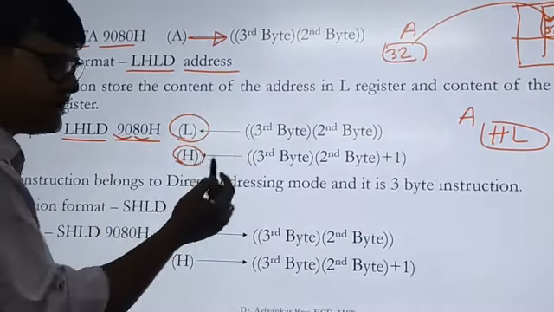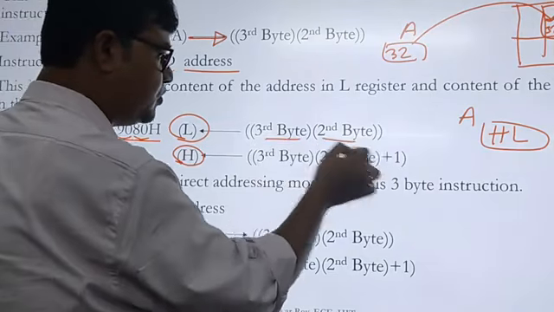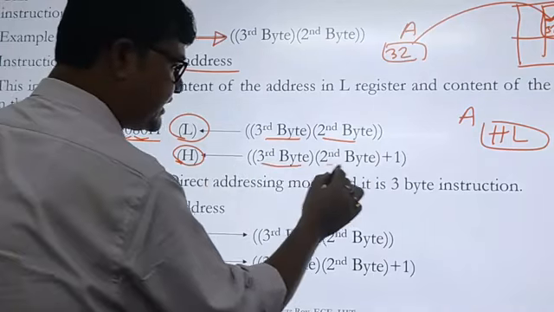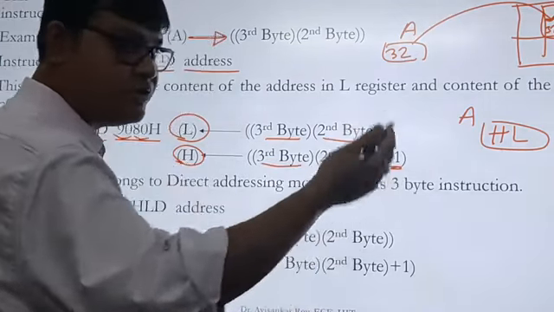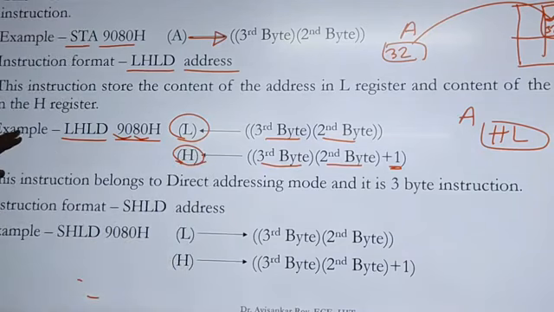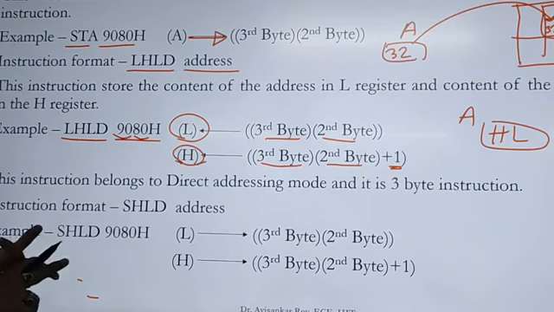In the annotation it is written: third byte, second byte, whole bracket, transfer to the L register; third byte, second byte plus 1. It means the next memory location's content will transfer to the H register. So using LHLD we can transfer two consecutive memory locations into L and H.